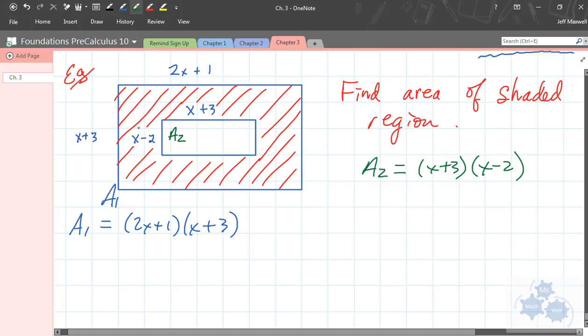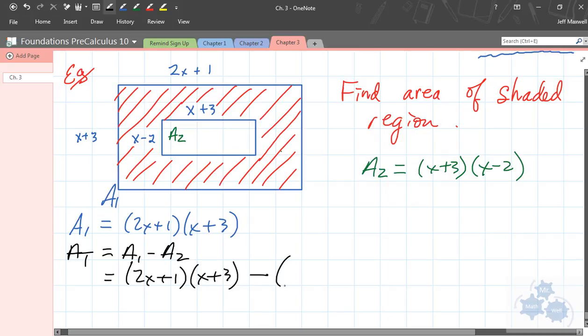Now, in order to find this, we need to take the entire area and subtract the inner area. So area total is going to be area 1 minus area 2, right? Which is going to be 2x plus 1 times x plus 3 minus x plus 3 times x minus 2.